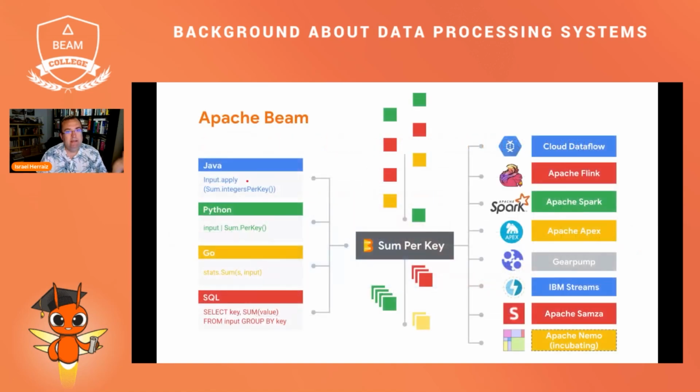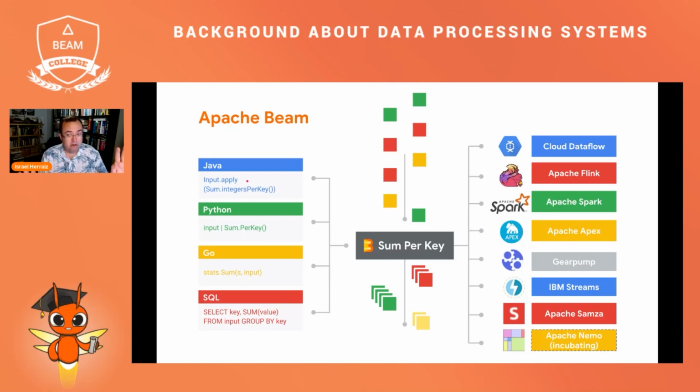These days, this doesn't make sense anymore because Apache Beam unifies the batch and the streaming processing systems. You will see this in other talks in the Beam College these days, or you may have probably already heard.